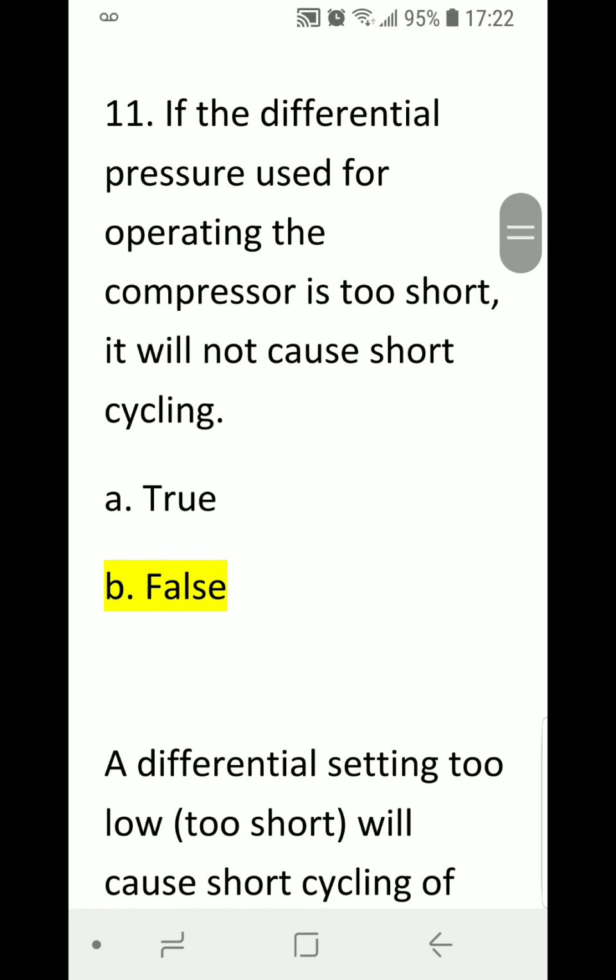Number 11. If the differential pressure used for operating the compressor is too short, it will not cause short cycling. A. True. B. False. Correct answer is B. False.